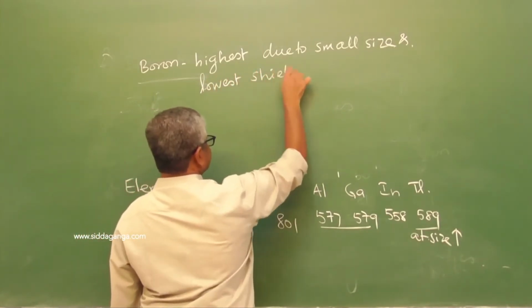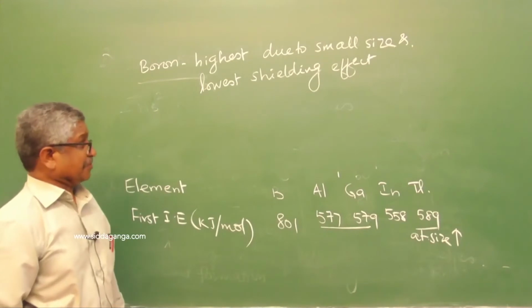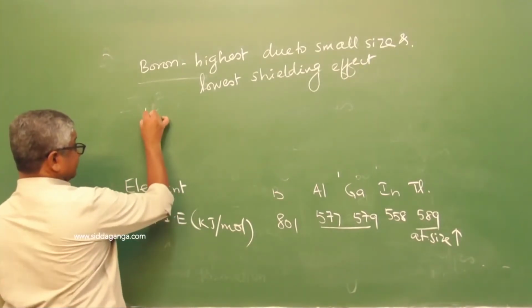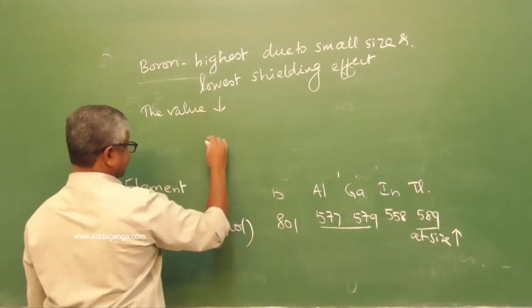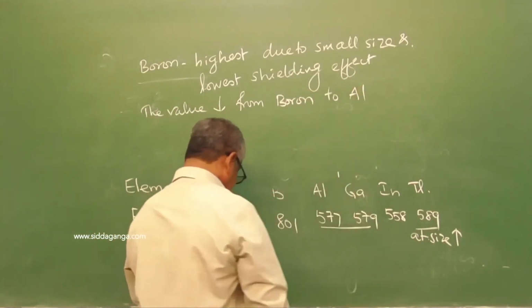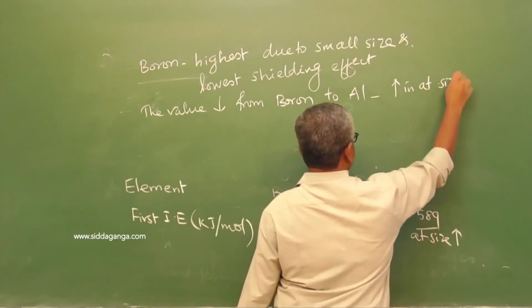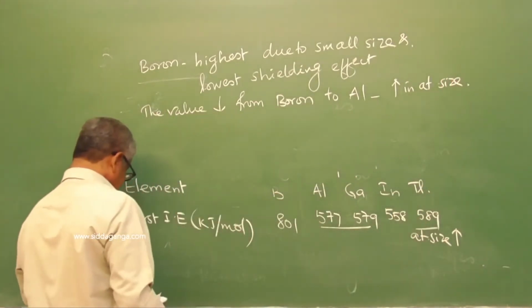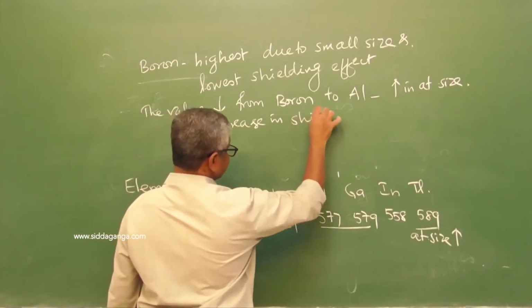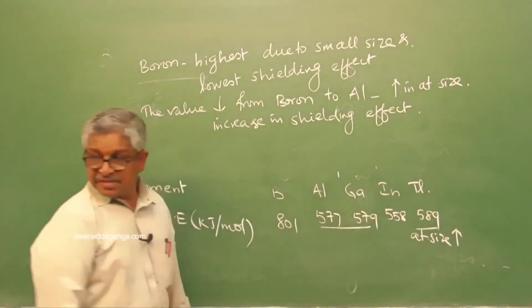It decreases from boron to aluminium; the reason is increase in atomic size and increase in shielding effect.